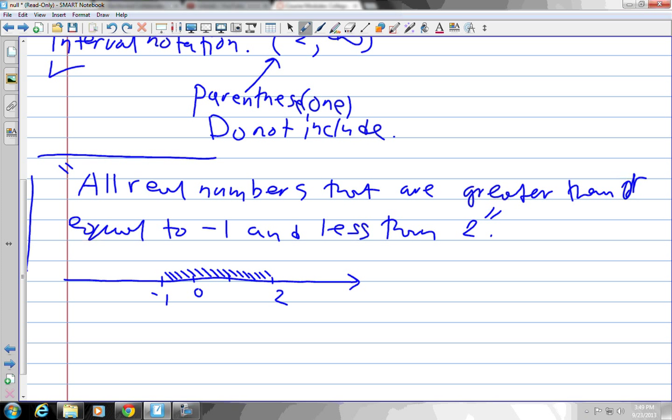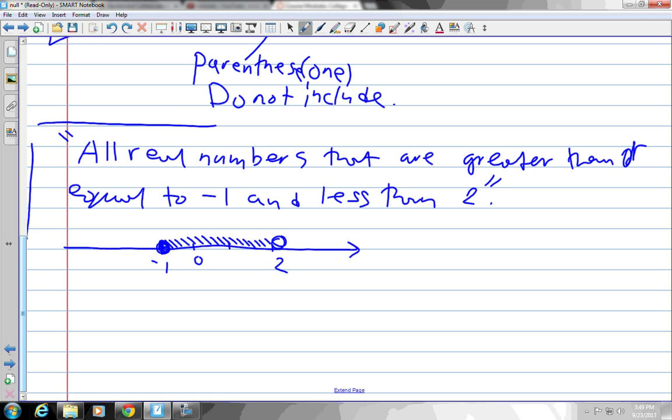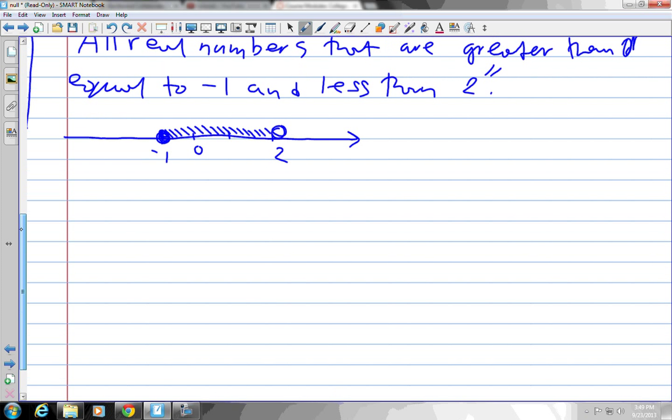Now, since we include -1, because it's greater than or equal to -1, the proper notation is a filled-in circle. That means we include that point. 2 is not part of that set, so we use an empty circle like that. So that will be the graph of that interval.